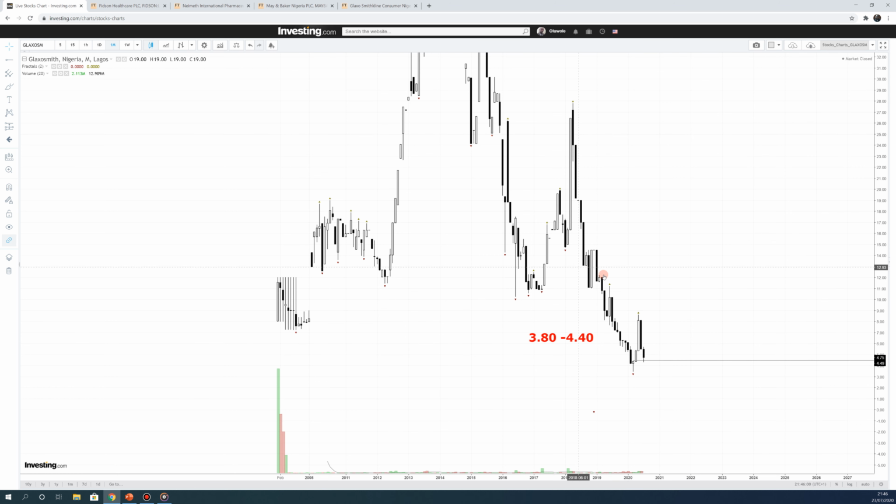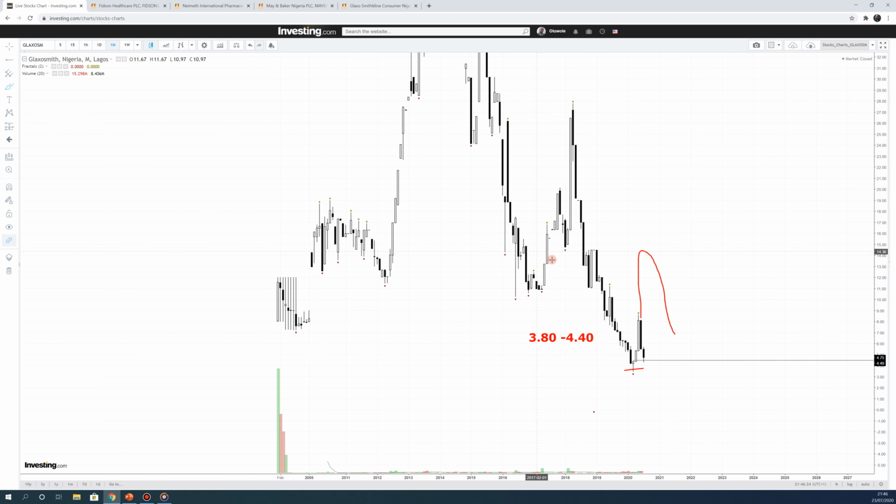But the problem is it has not broken. It must still go further down. It just made a new all-time low. It needs to make some higher highs to show some strength.